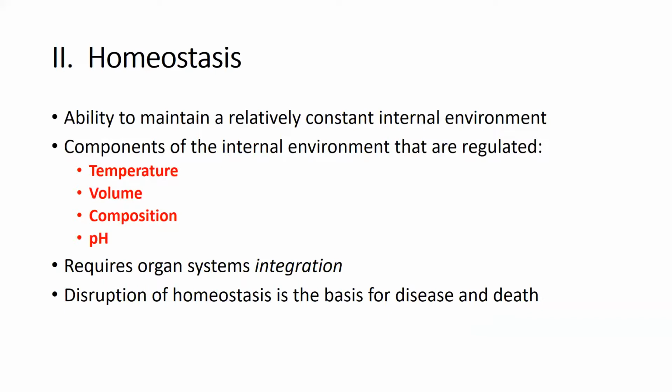This is going to require organ systems integration. We're going to talk more extensively about what integration is and how it's brought about. But basically, several organ systems need to be playing together nicely to bring about this homeostasis. Also important is that disruption of homeostasis is the basis for disease and eventually death.